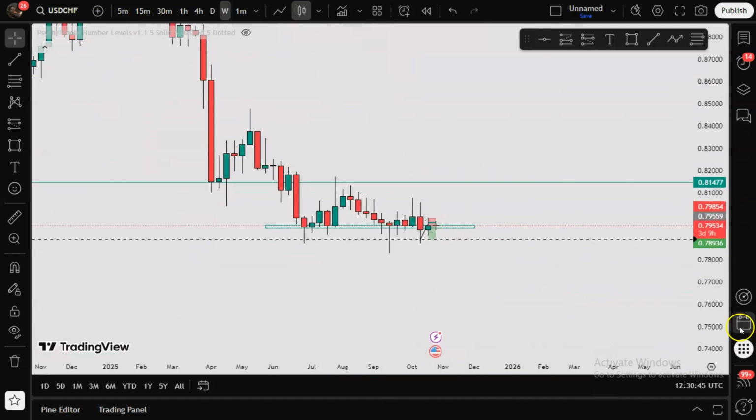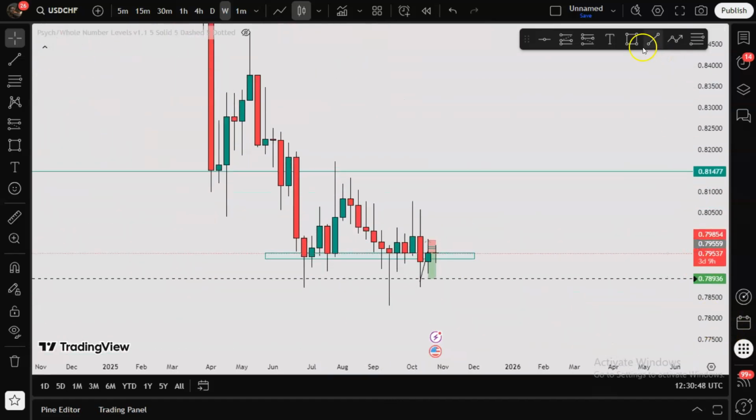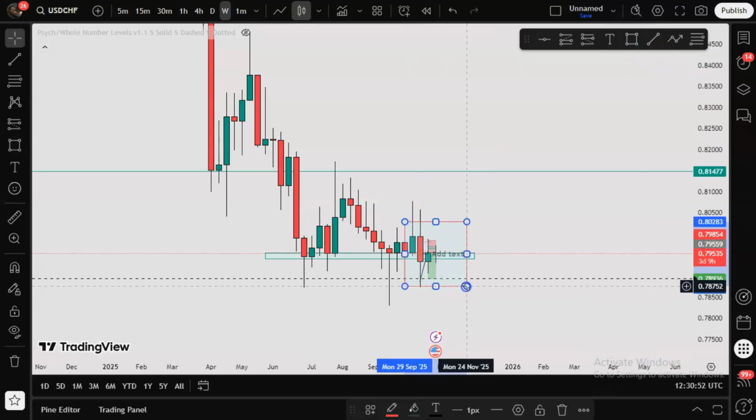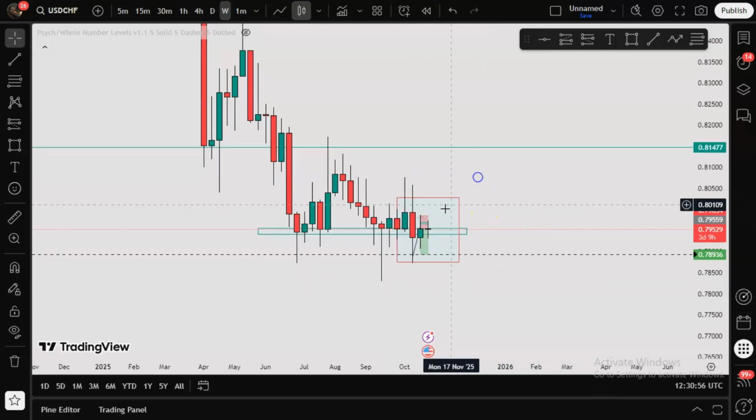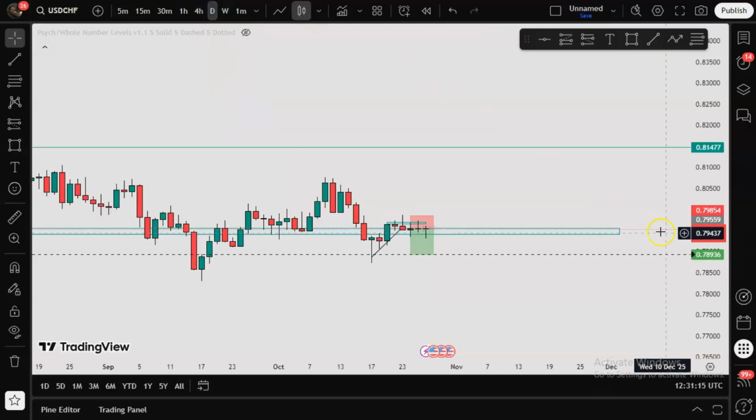And even in this box over here, you can see the weekly candle. The last week it closed bullish, so automatically this week you have to create bearish over here. Something like that. So let's go to the daily time frame.